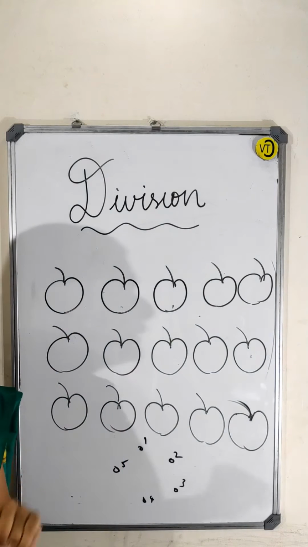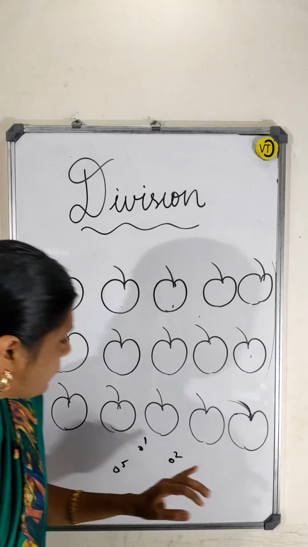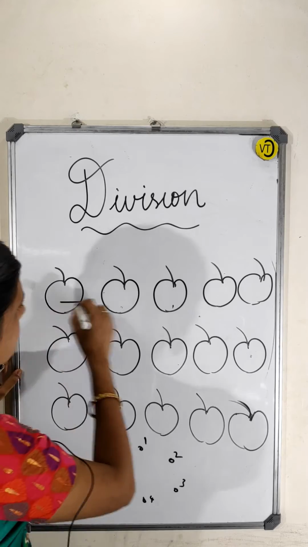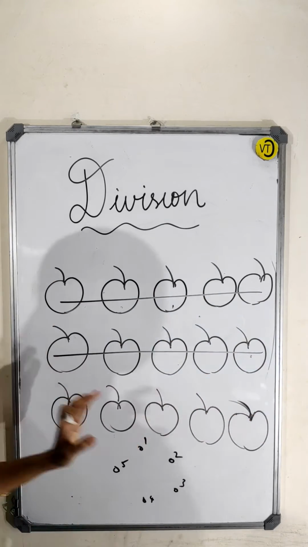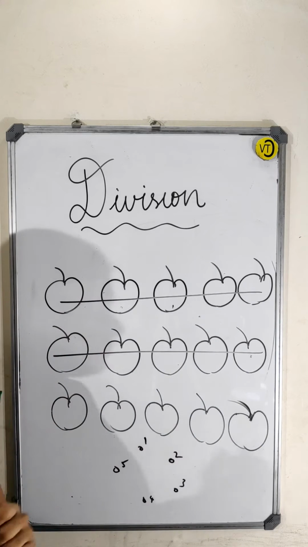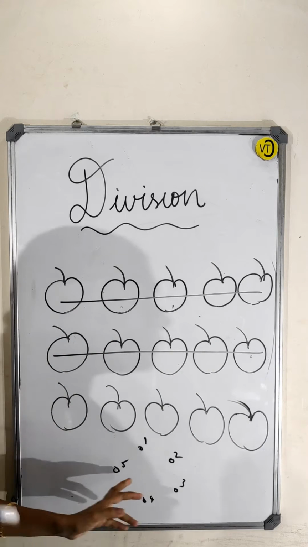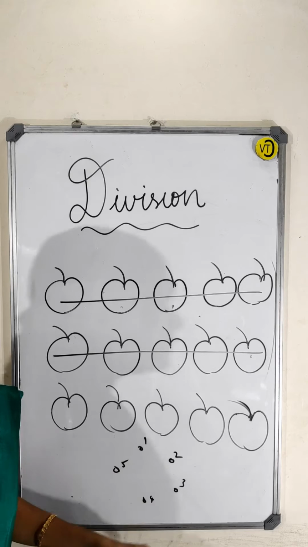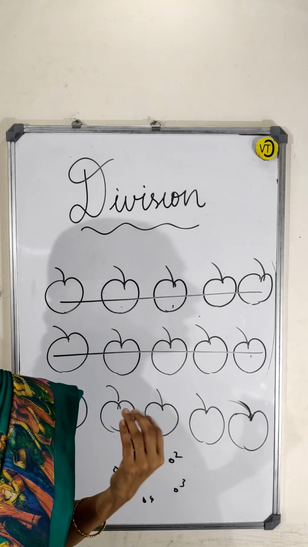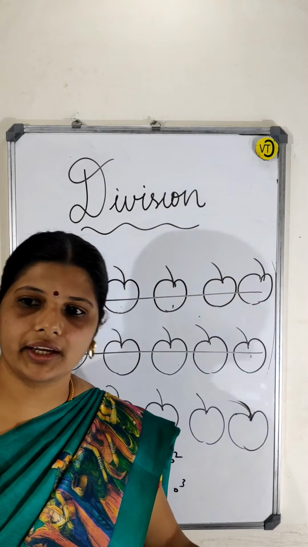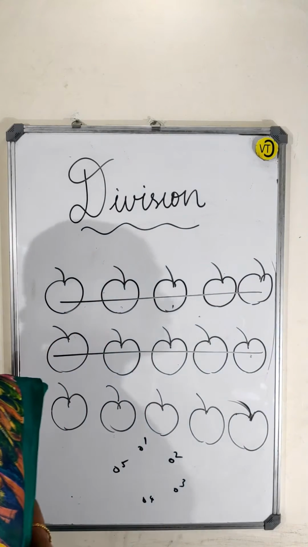Third step: she again gave 1 apple to each child. Now each child had 3 apples and Seema had 5 minus 5, which is 0 apples with her.